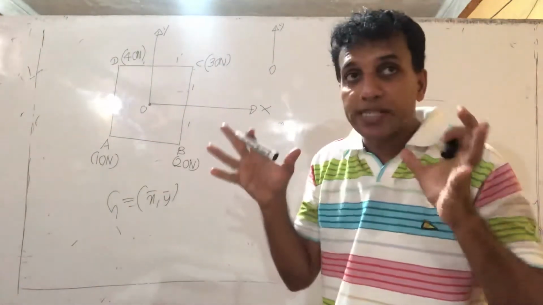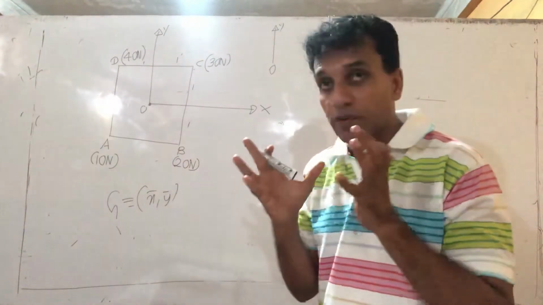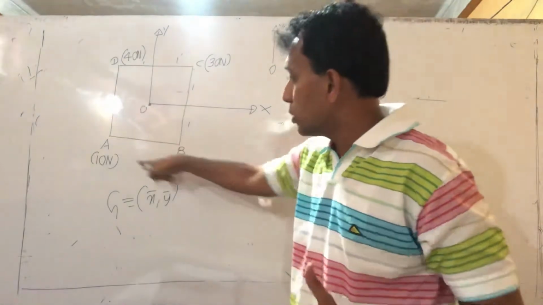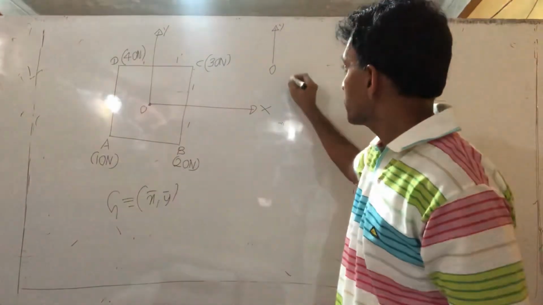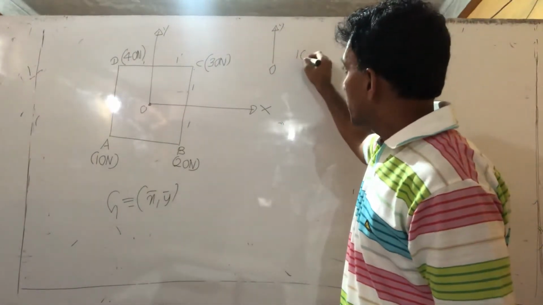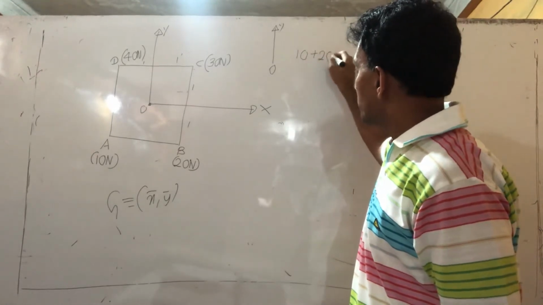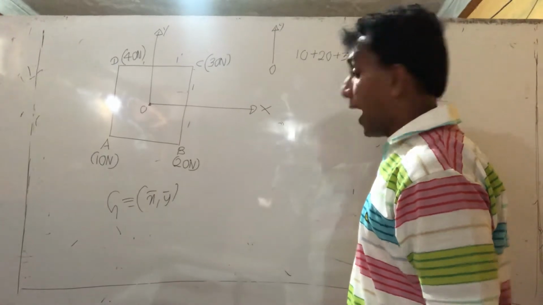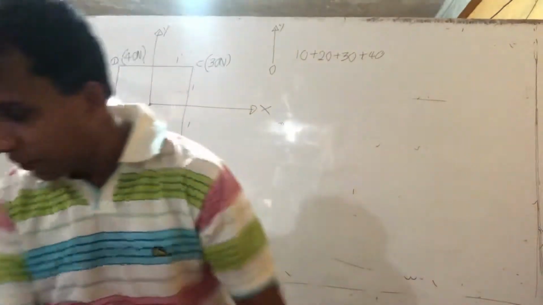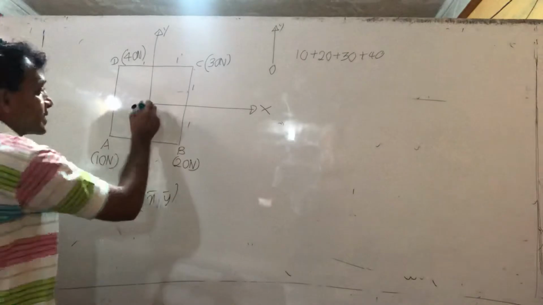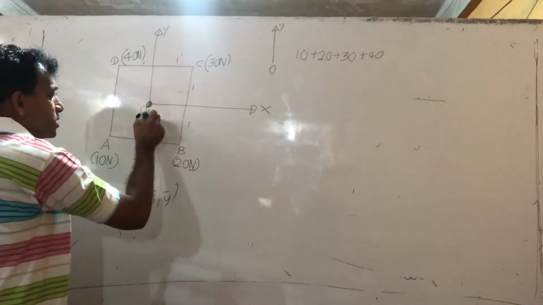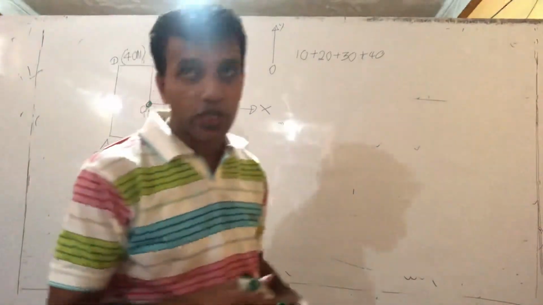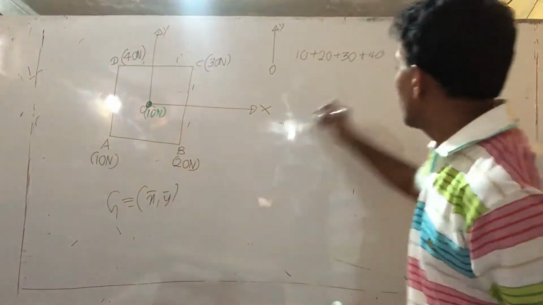The algebraic summation of the moments equals the resultant moment. So what is the total of these forces here? 10 plus 20 plus 30 plus 40, and don't miss the additional 10 available, because the weight of the lamina is extra, additionally 10 Newton, right? Therefore that 10.